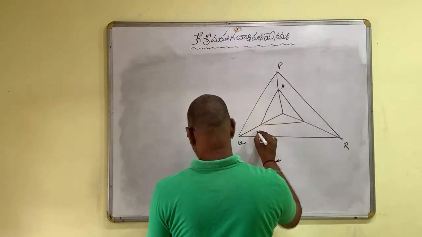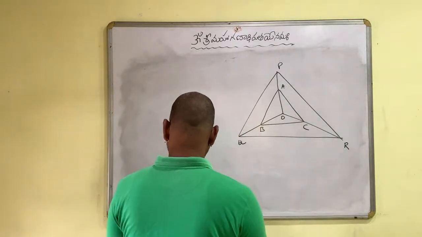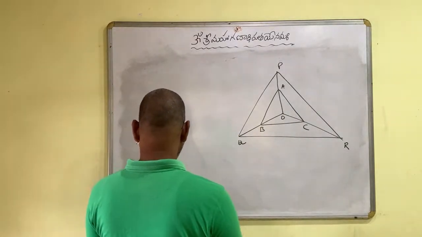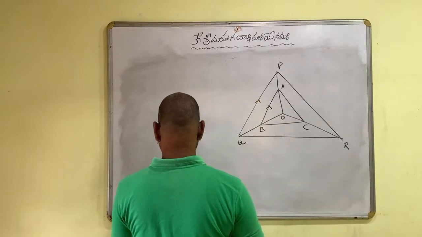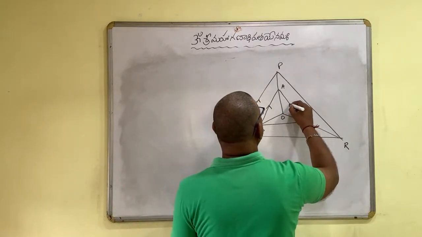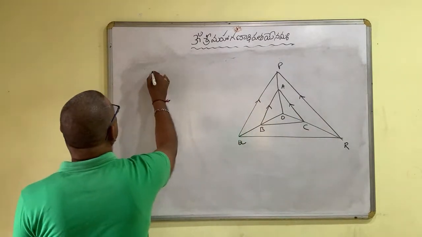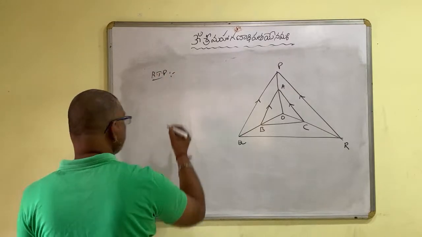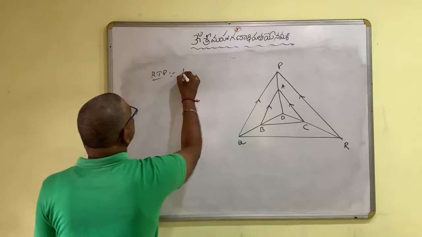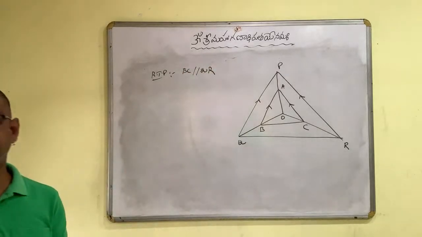A, B, C, this is O. What is given? AB parallel to PQ. These two are parallel. AC parallel to PR. This is parallel. And what we have to prove? Required to prove BC parallel to QR.